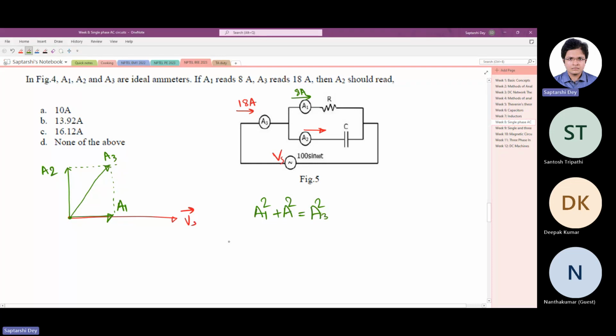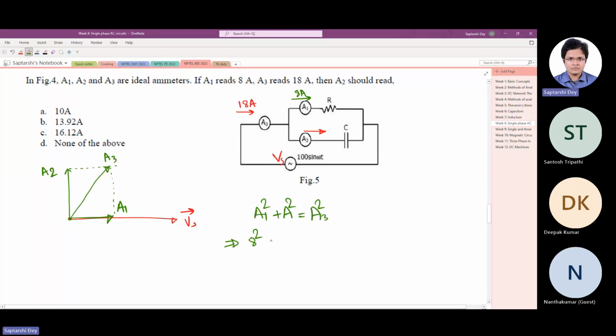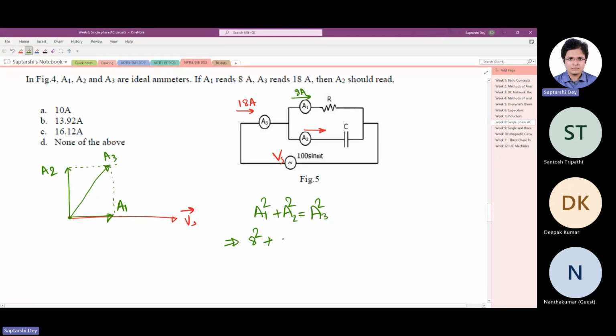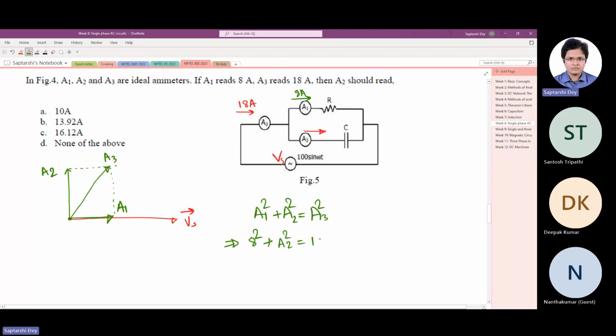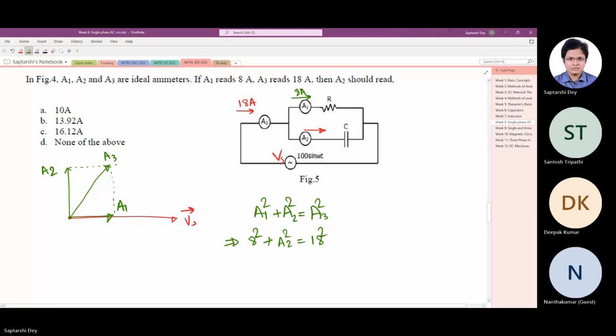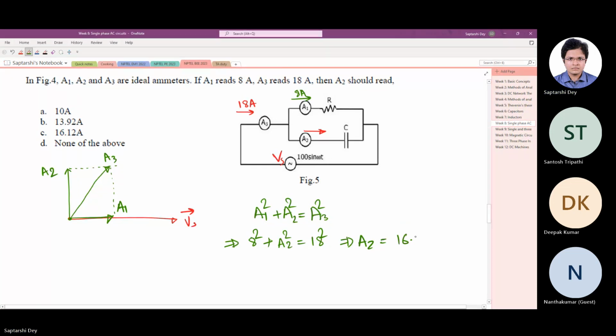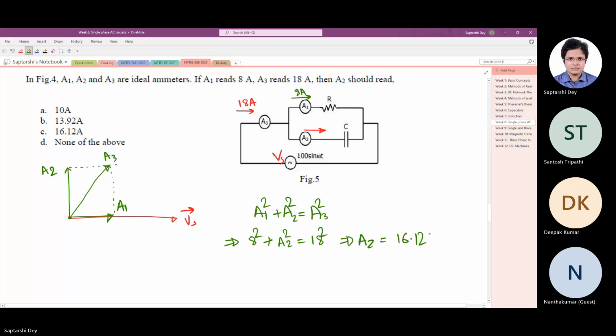Now we can say 8 squared plus A2 squared is 18 squared. What I get is 16.12. A2 comes out to be 16.12. So the ammeter will read 16.12 ampere.